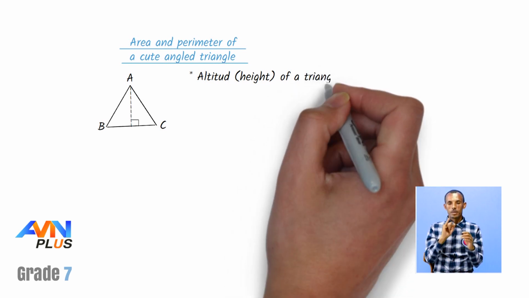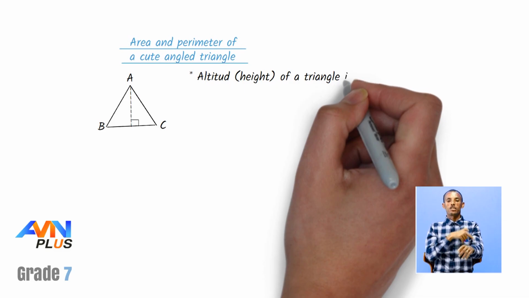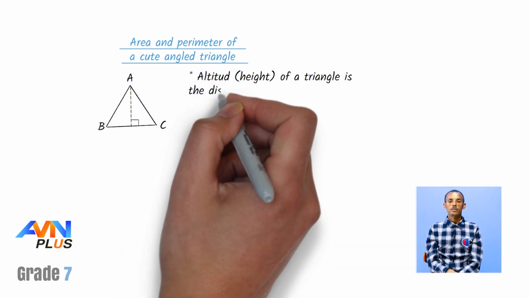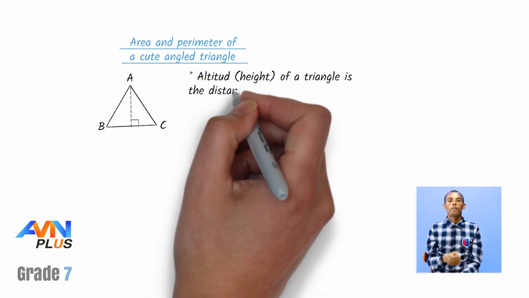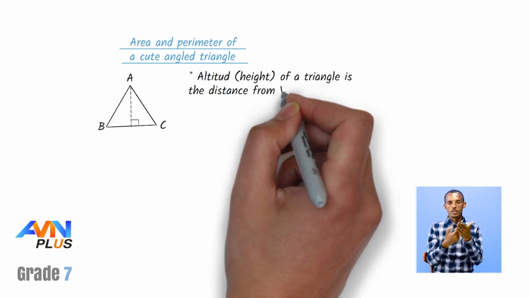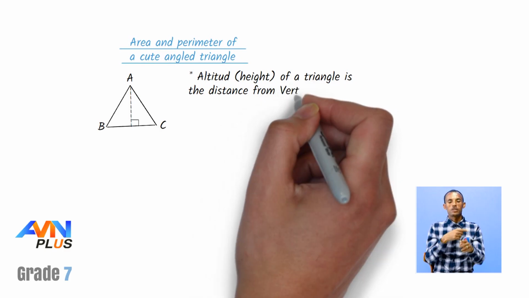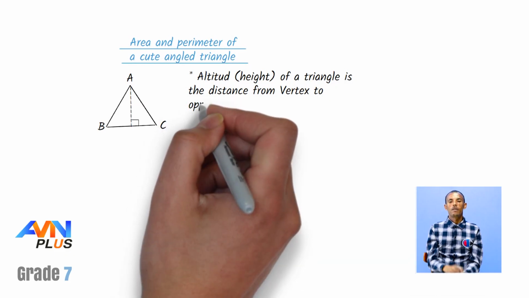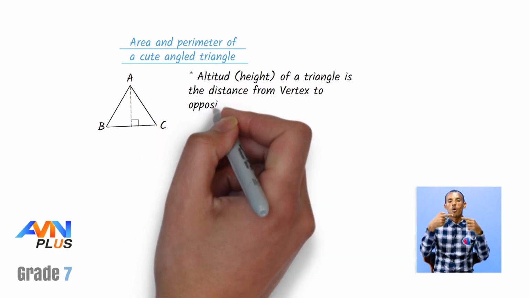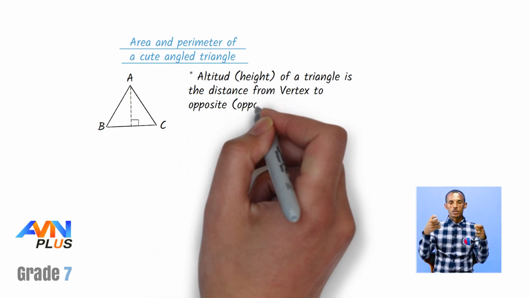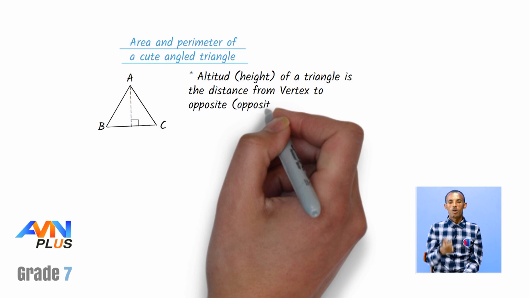is the distance from the vertex. That's a perpendicular distance. When you say distance, it's a perpendicular distance from the vertex to the opposite side or opposite side extension.